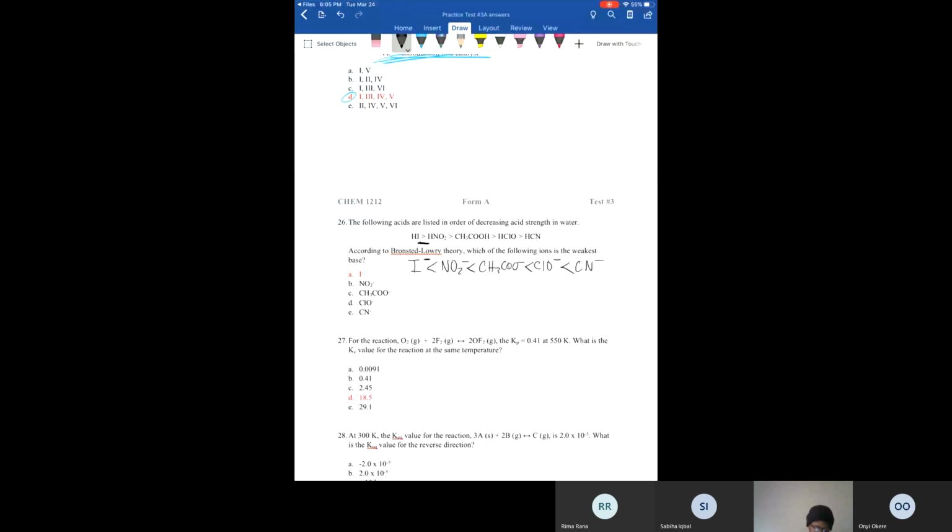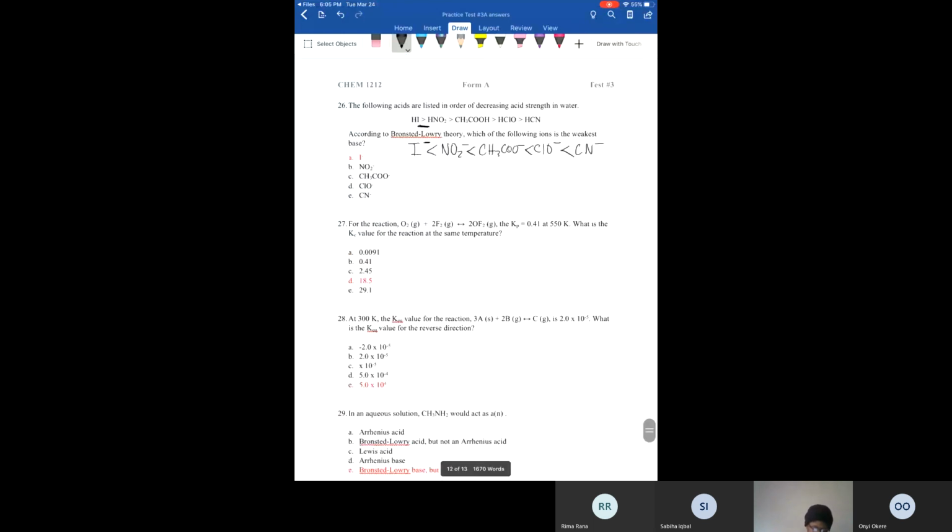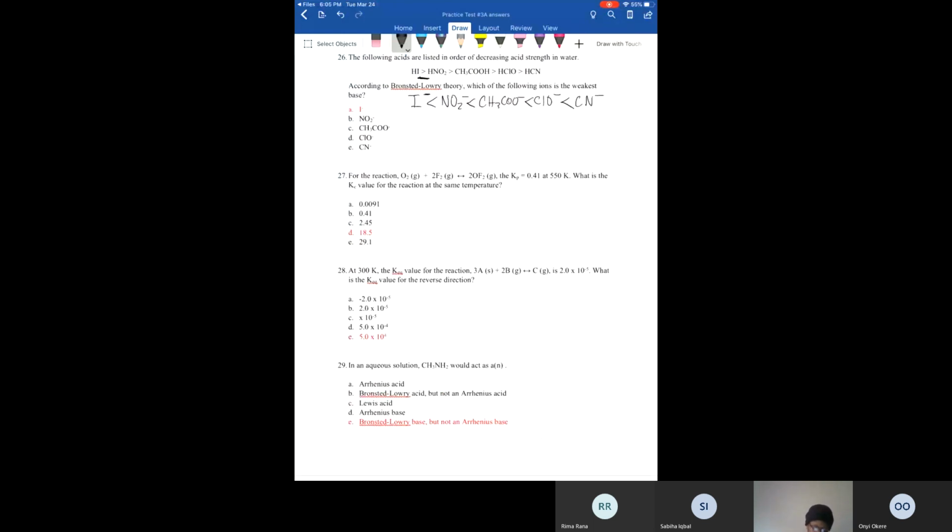So for the reaction O2 plus 2F2 goes to 2OF2, the Kp is 0.41 at 550 Kelvin. What is the Kc at the same temperature? Okay, I forgot the equation.